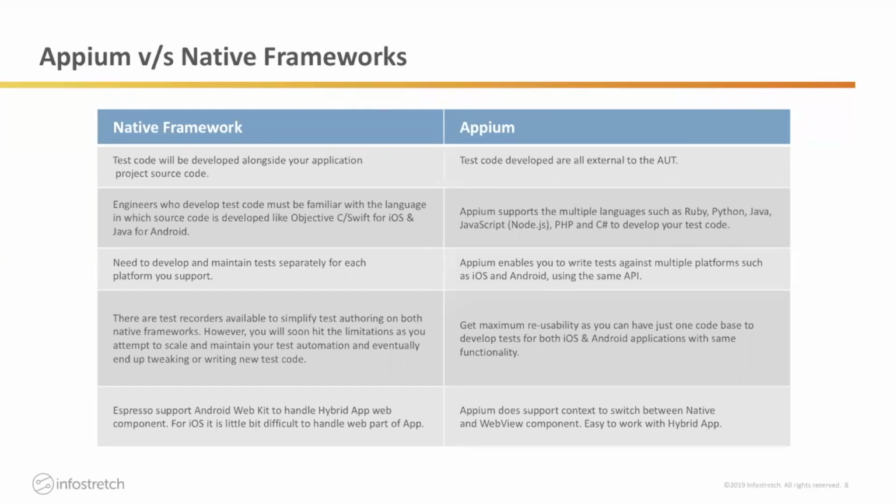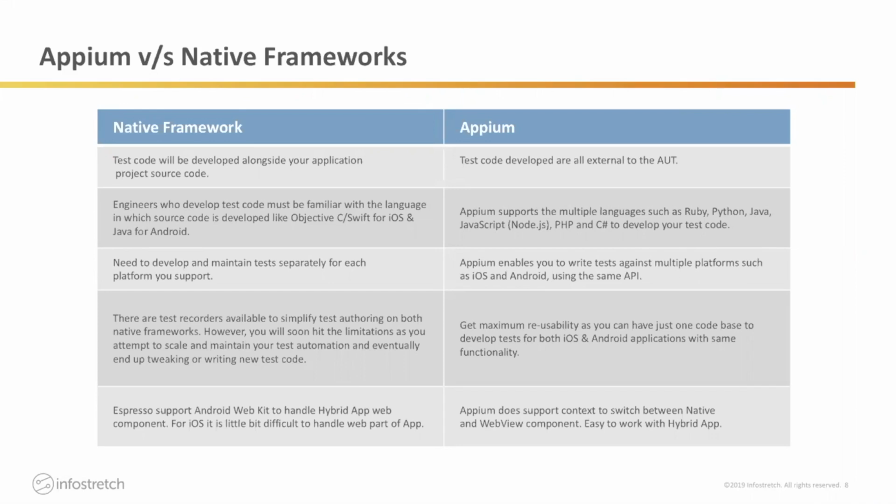Appium only accesses the application UI, just like any end user performing any operation. The tests developed are external to the application under test code. Appium supports multiple languages like Ruby, Python, Java, and JavaScript.